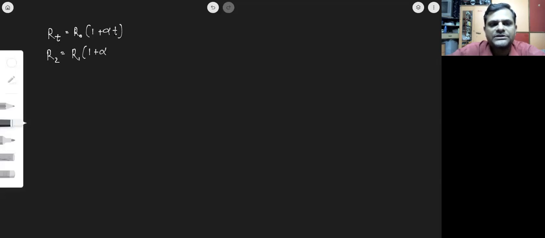In fact, this temperature T here will actually be the change in temperature in this case. Delta T, we can just replace it by that.